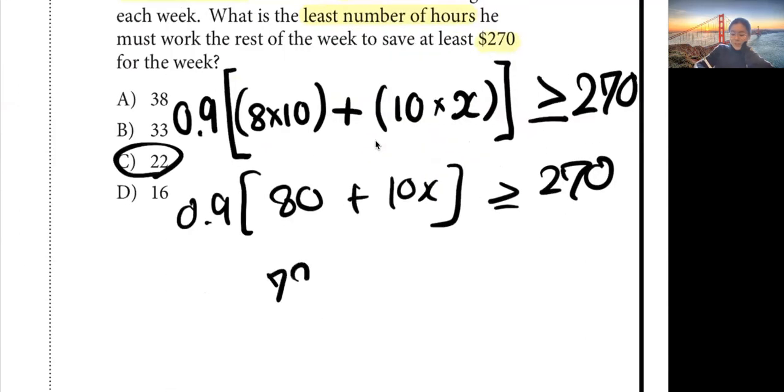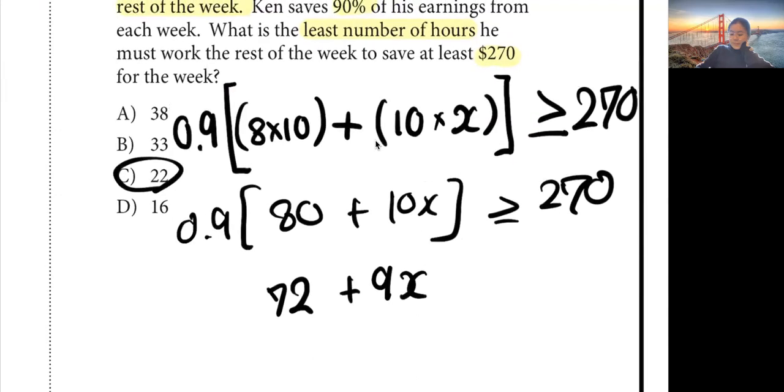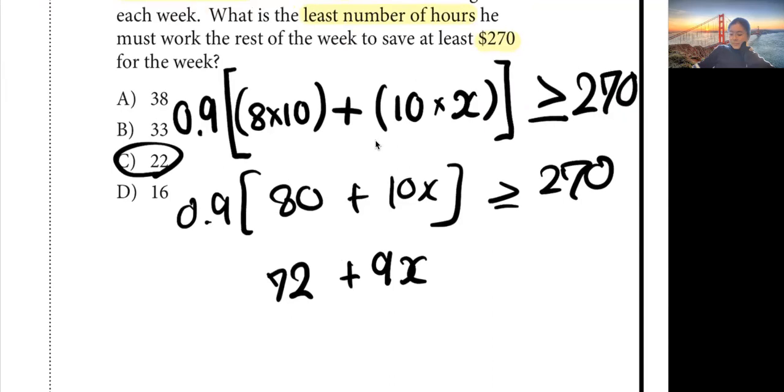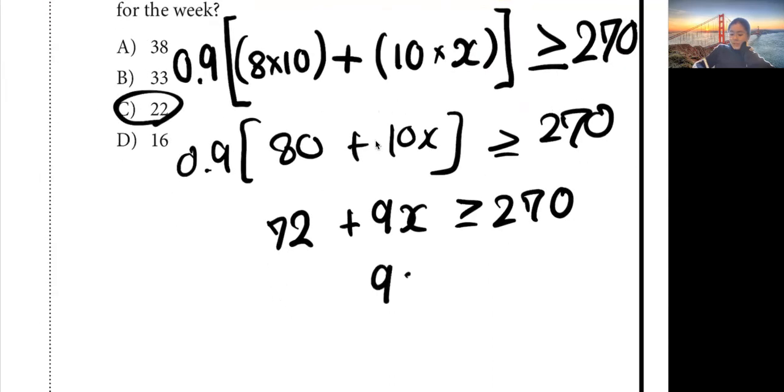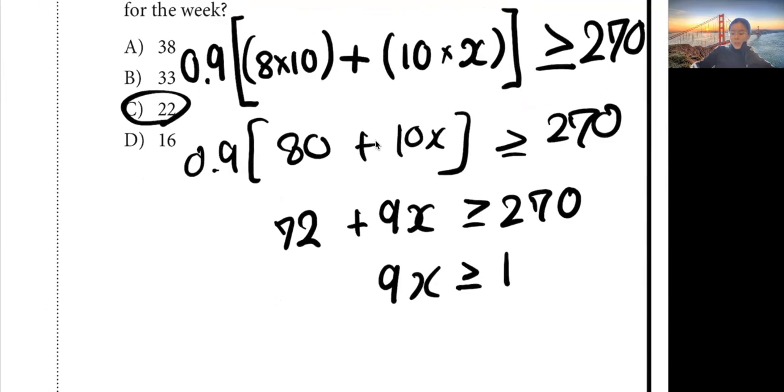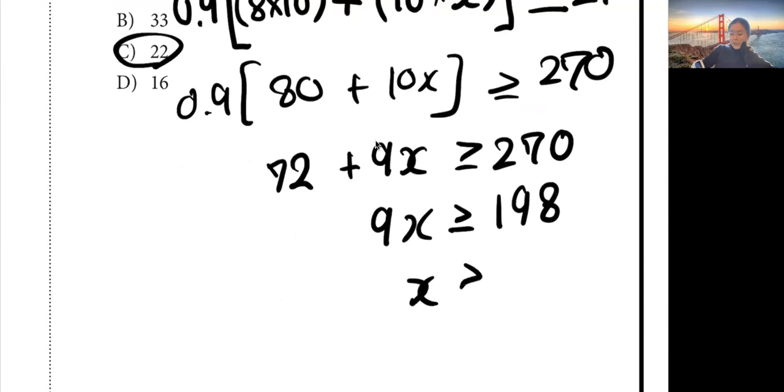And that's going to be 72 plus 9x is greater than or equal to 270. And just like when you set them equal, you can subtract 72 from both sides, which will be 198, and divide both sides by 9.